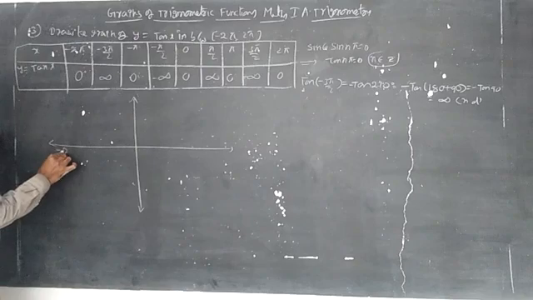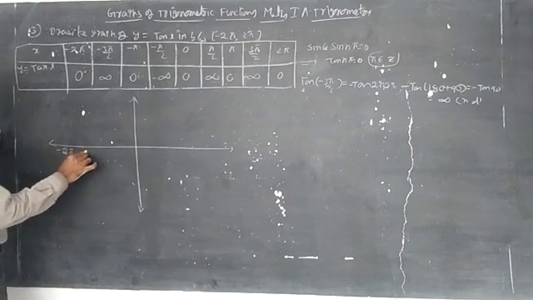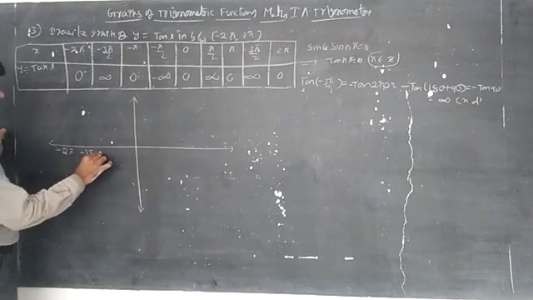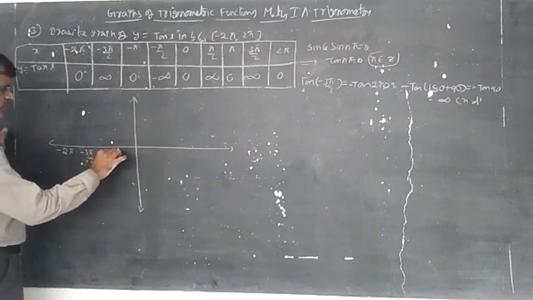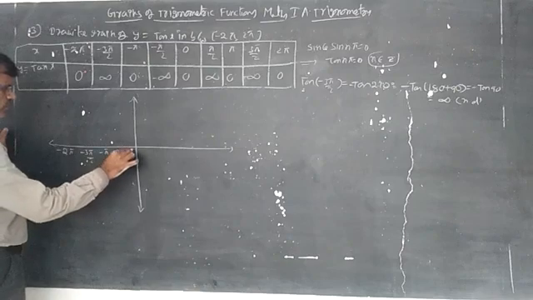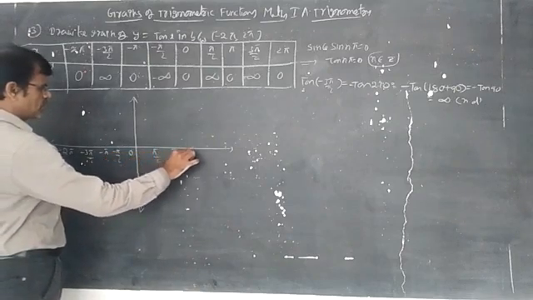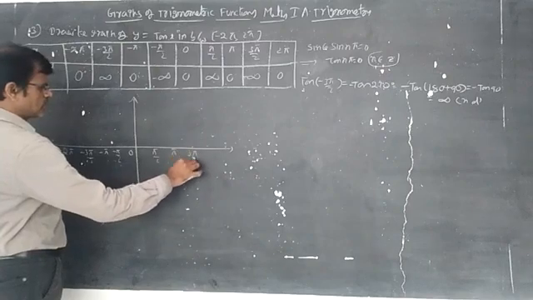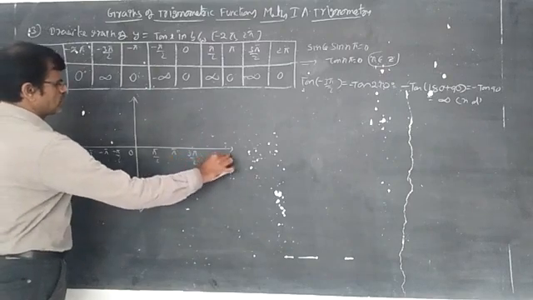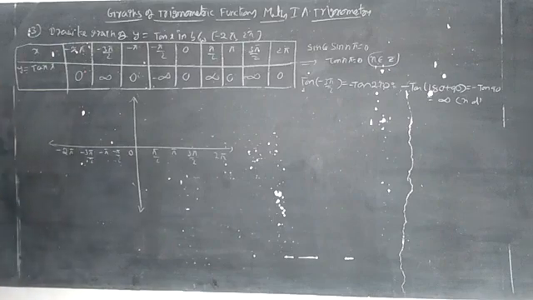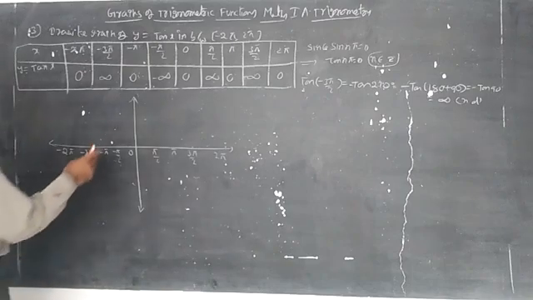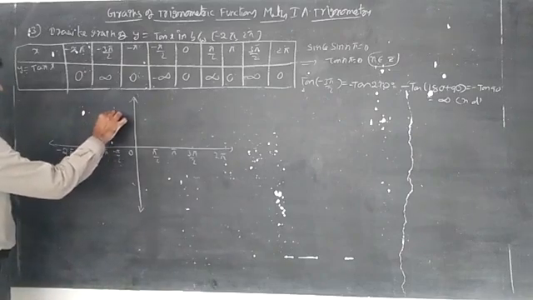Draw like this: minus 2 pi, minus 3 pi by 2, minus pi by 2 and 0. Here pi by 2, this is pi, 3 pi by 2 and 2 pi. So for tan 90, infinity, it is not defined.